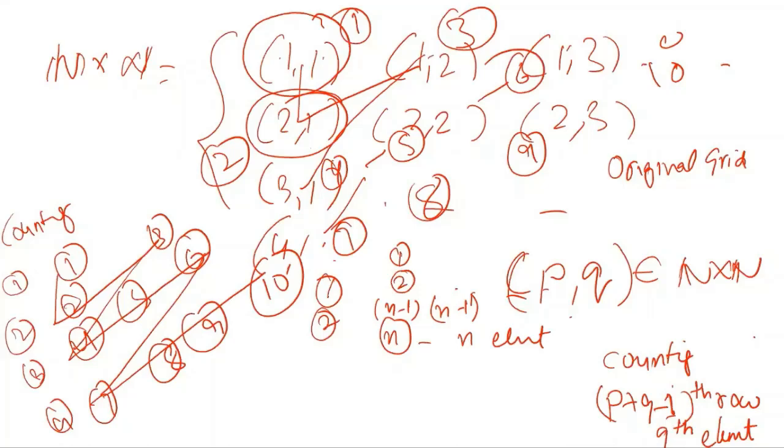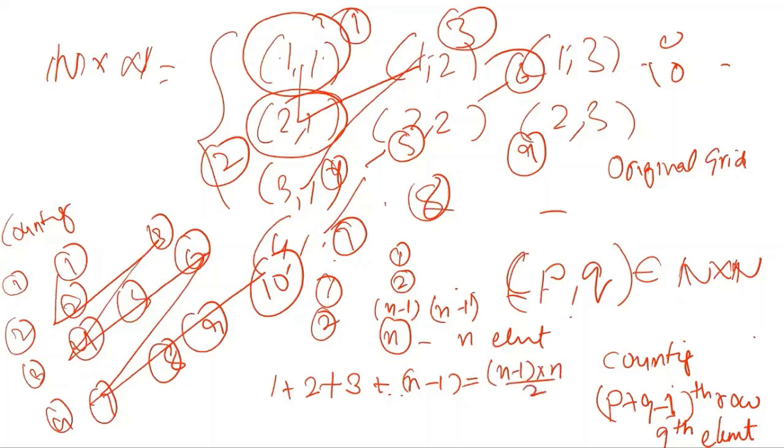The starting index of this nth row would be as if you have counted all those previous rows. So there are total 1 plus 2 elements in the second row, 3 elements in the third row, up to n minus 1 elements in the previous row. Okay, and this comes out to be equal to (n minus 1) into n by 2.